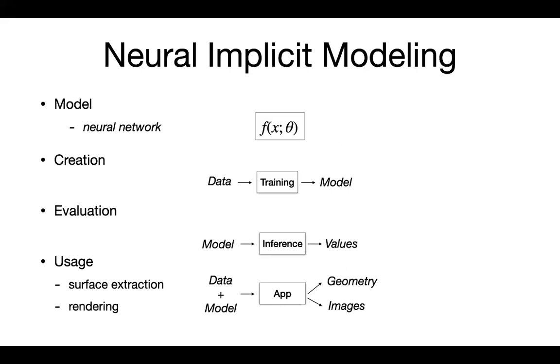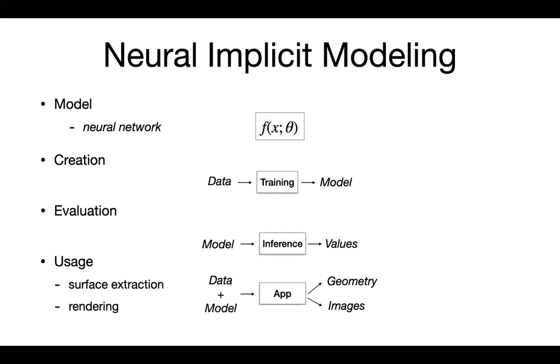And so to create this neural network, we have data samples that have values greater than, less than, or equal to 0. Then we train and create a model, and the model is this neural network itself. Once the network is trained, we can use it for inference. We give the trained network points, and it gives us values, operating like this continuous function as with any other implicit function.